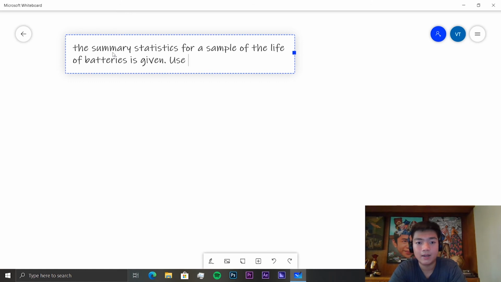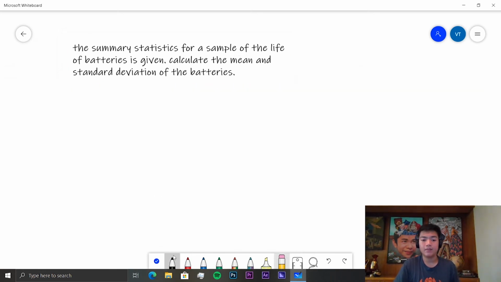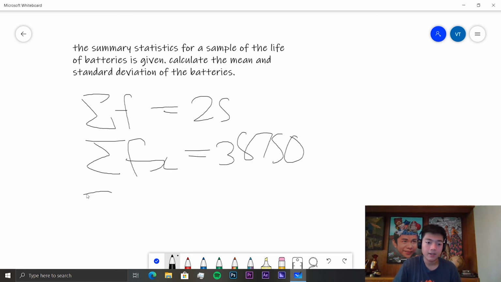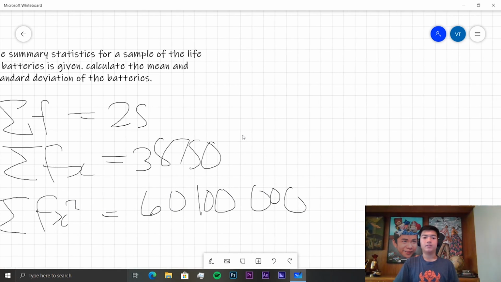Use them to calculate the mean and standard deviation of the batteries. So we have the number of terms equal to 25. The sum of the terms is 38,750, and the sum of the terms squared is equal to 60,100,000.